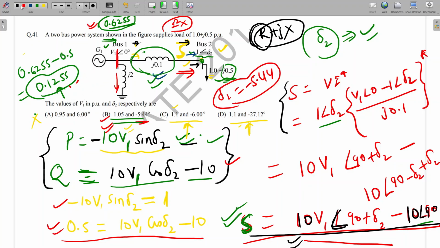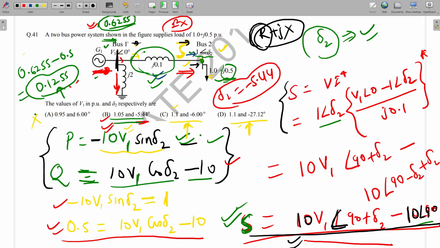If we want to calculate the reactive power supplied by the source, the source will supply this reactive power plus this reactive power in total. If the question asks what is the reactive power supplied by the source G1, the G1 terminal is this one.